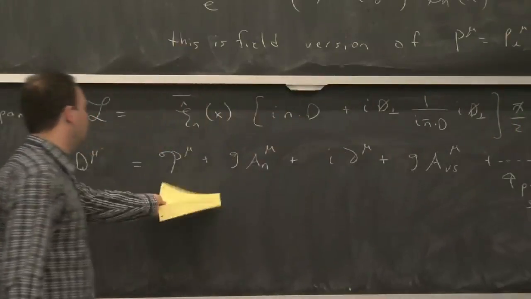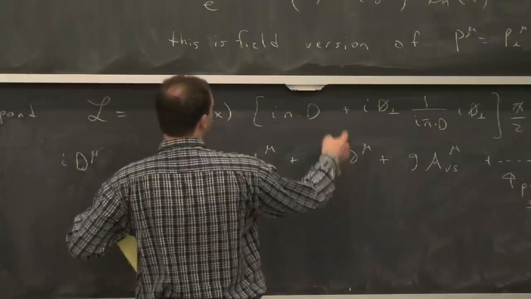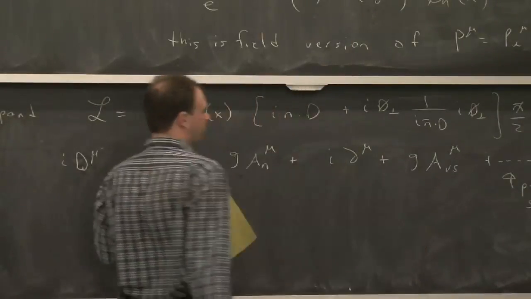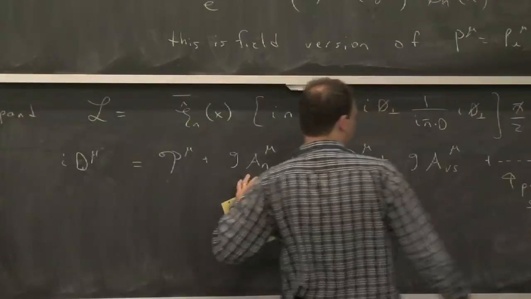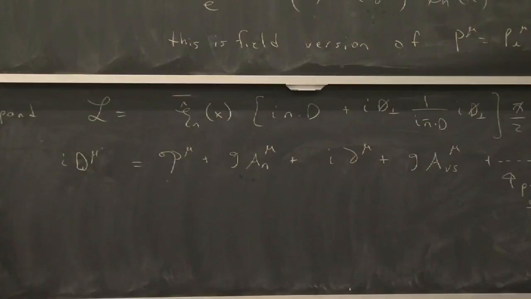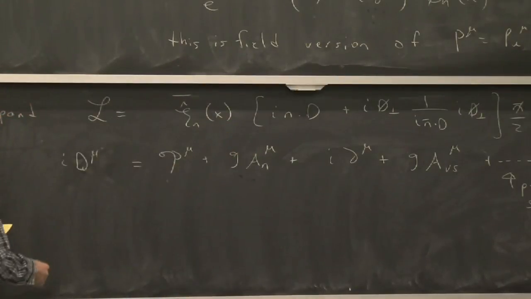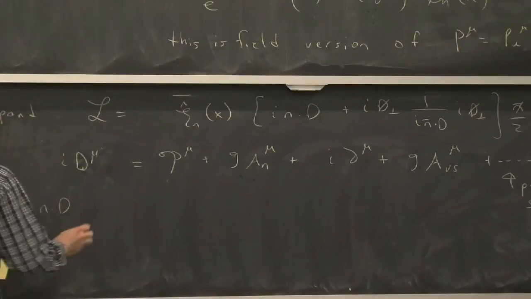It's the sum of a collinear kind of piece and an ultrasoft kind of piece. So this p mu plus i partial mu is just this, and the split of the gauge field into these two pieces is what we talked about last time. And that split of the gauge field actually led to some things that we didn't talk about that we'll talk about later. So if we now look at the components that are appearing in here, we can figure out what to keep in each case, and it's pretty simple.